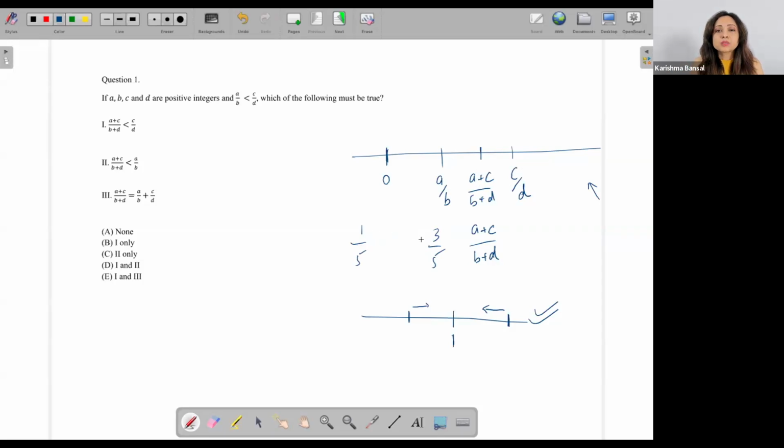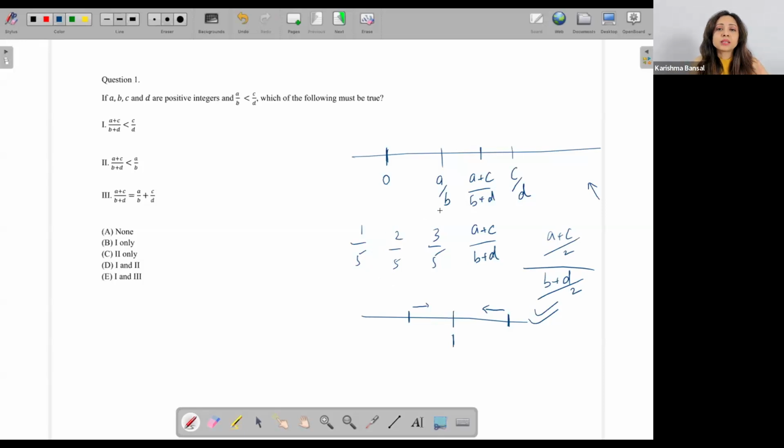This plus this gives me a 4. I can write my a plus c upon 2, and I can write this as b plus d upon 2, right? So I'm kind of averaging the numerator, and I'm averaging the denominator as well. So essentially what I'm getting is something in the middle, and that makes sense. It should lie between a by b and c by d, yeah?